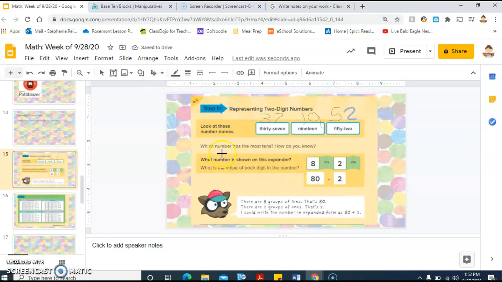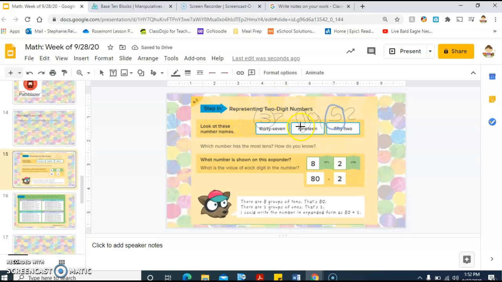So which number has the most tens? How do you know? We're not going to look at the ones position, we're just going to look at the tens. For this one, we have a 3 in the tens position, a 1 in the tens position, and a 5 in the tens position.